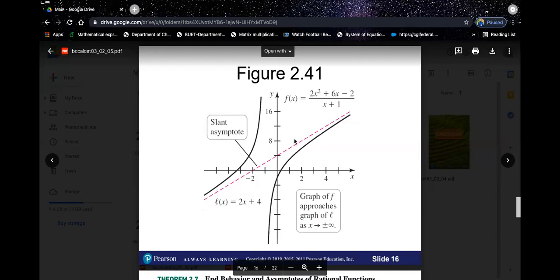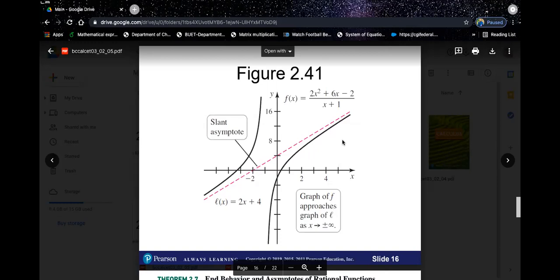Obviously, there is no real line in a graph. We actually draw this ourselves to show that the graph is not going beyond this, right? If you draw any graph, you don't actually have these types of asymptotes. Not only slant asymptotes, you don't have any vertical or horizontal ones either.